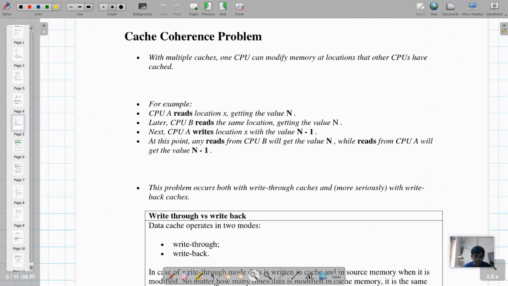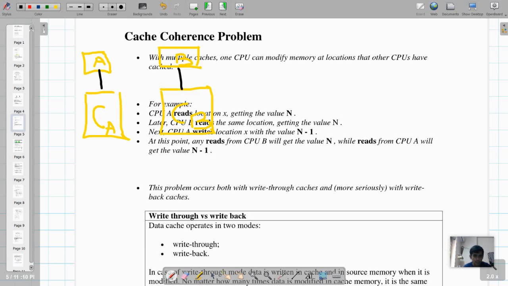It looks like, say, here you have processor A and here you have processor B. Here is the local cache CA attached to processor A, and here is the local cache CB which has been attached to the processor B, and here you have your global memory space.